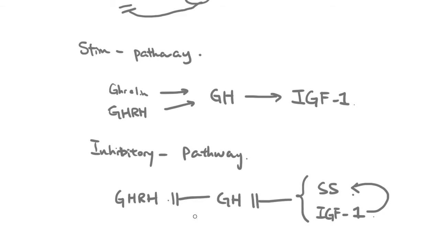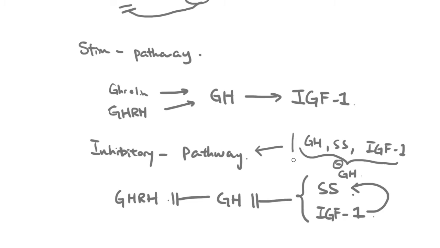So, in conclusion, the inhibitory pathway would have GH, SS, and IGF-1. They all inhibit GH, and then GH would then inhibit GHRH.